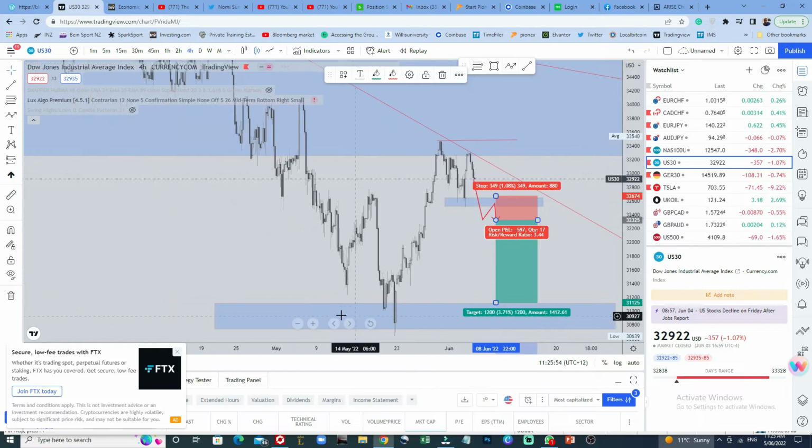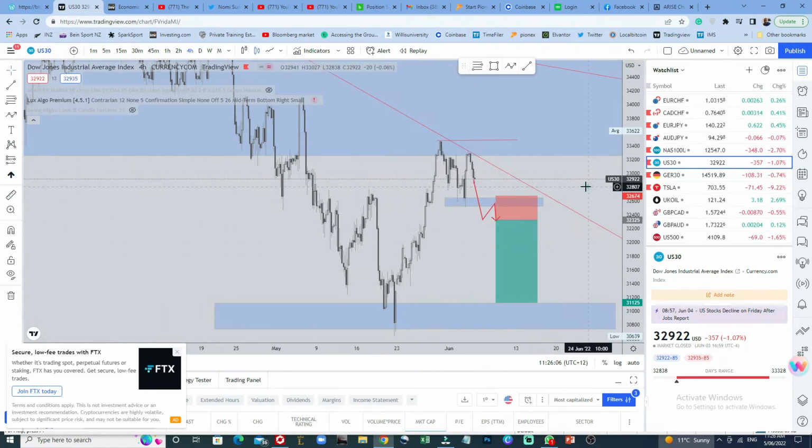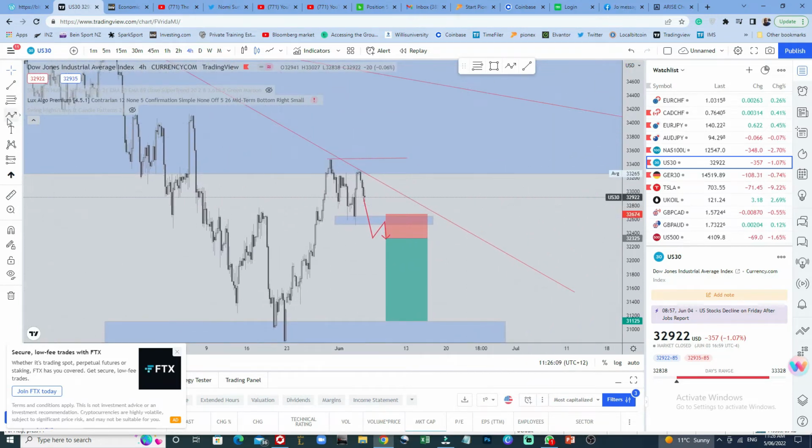Now here is a major structure. Around here is the minor. This is a minor structure. So we want to trade around this area and see where the market is going to go. Now also I can wait for the market to reverse, change its mind, break through this level. This is a point of interest.